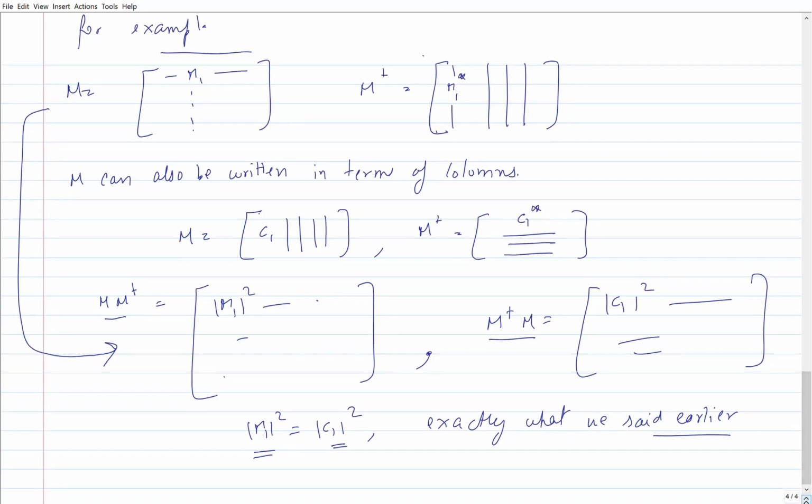So how do we exploit this feature to prove the theorem about spectral decomposition for normal operators? What we do is the following. Let's try to diagonalize M. So for that, let's say we are trying to find the eigenvalues.